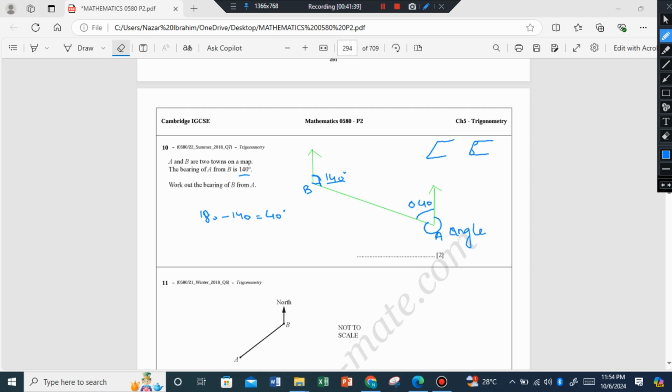What I need to calculate is the direction measured from the north of A to B, right? So this whole circle has 360. I will subtract 040 from 360.